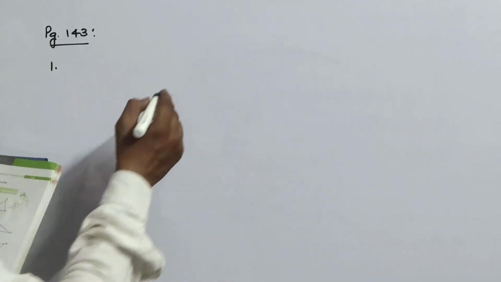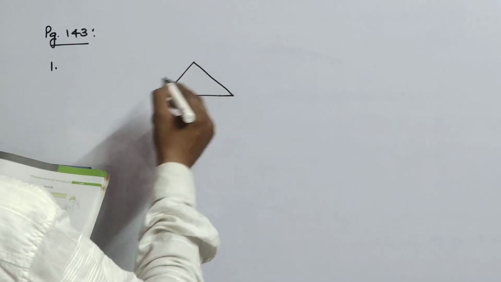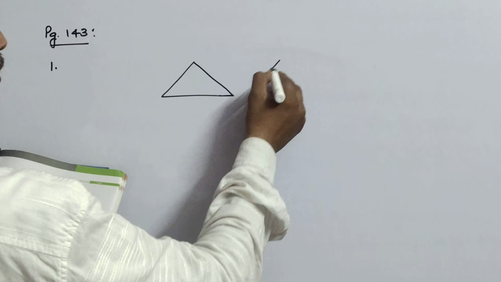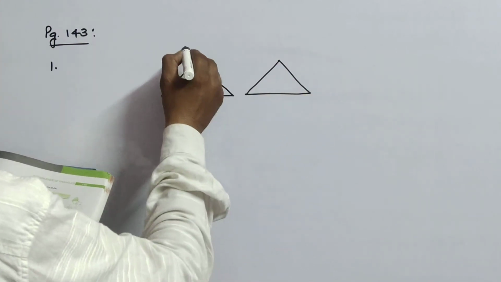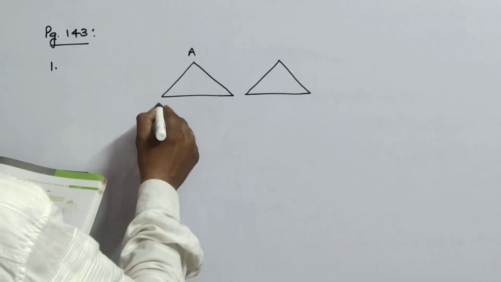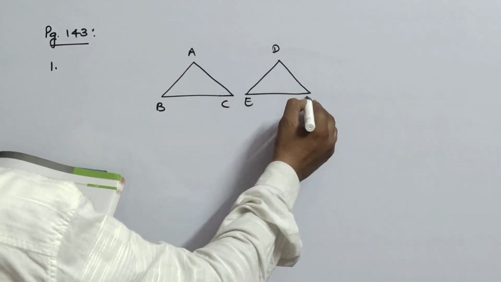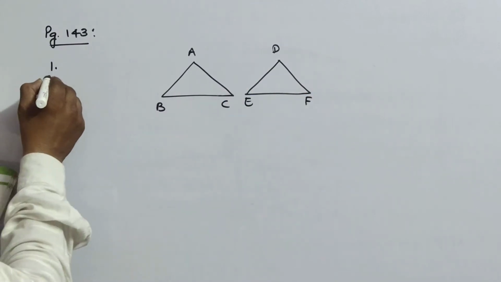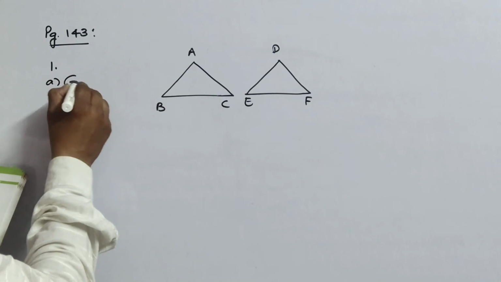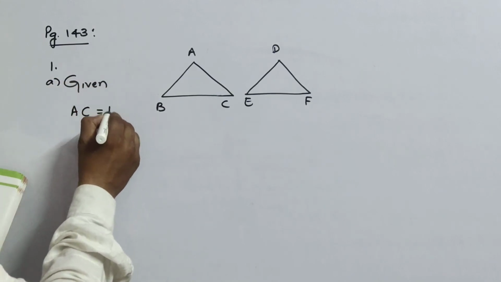First sum I'll explain. Here the diagram is given like this. As I told you, in your homework book just draw the figure also. A, B, C, D, E, F. Here in the first row everything is given. We only have to say which property it is.